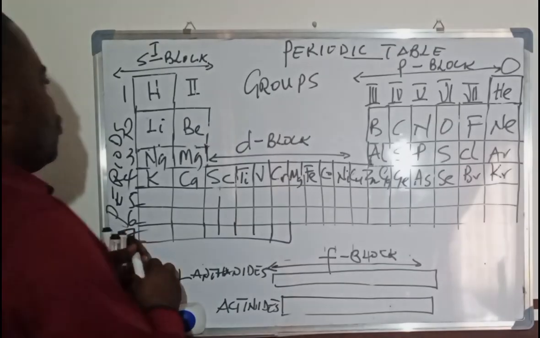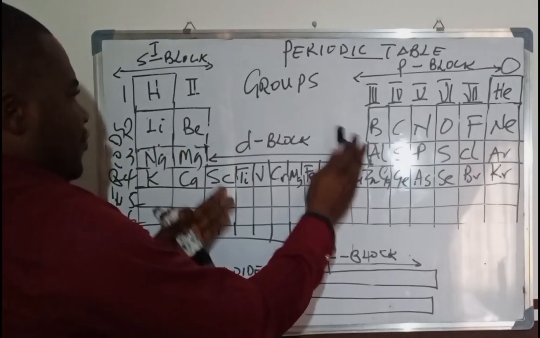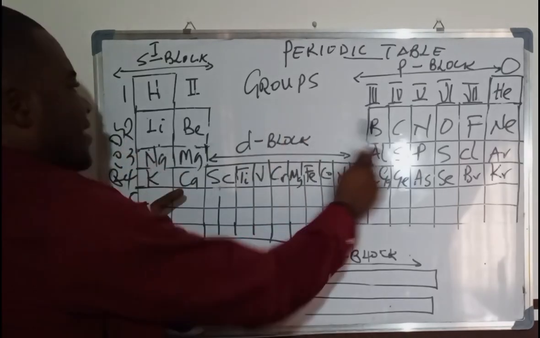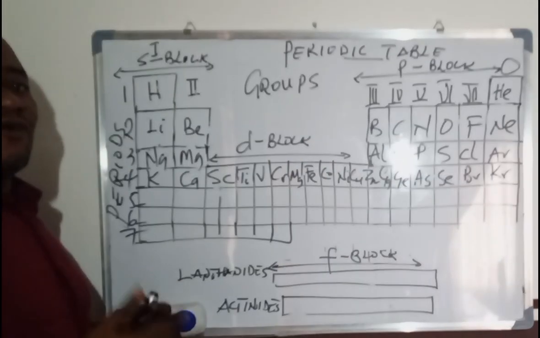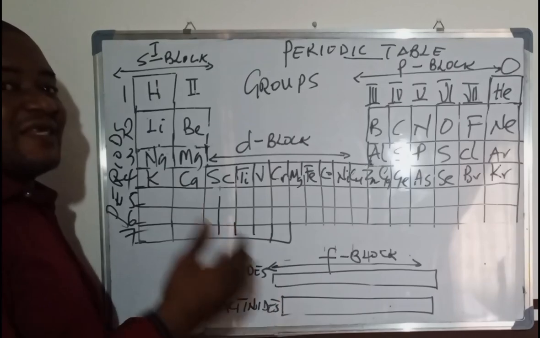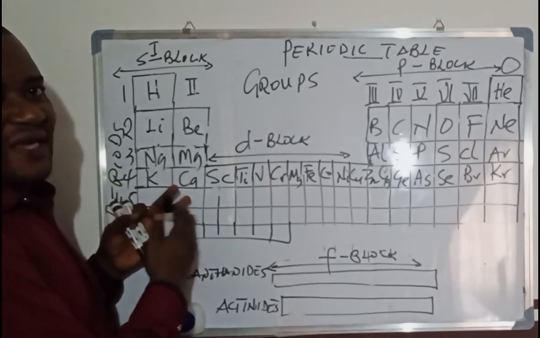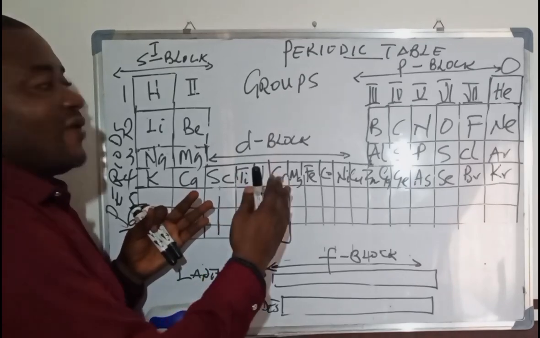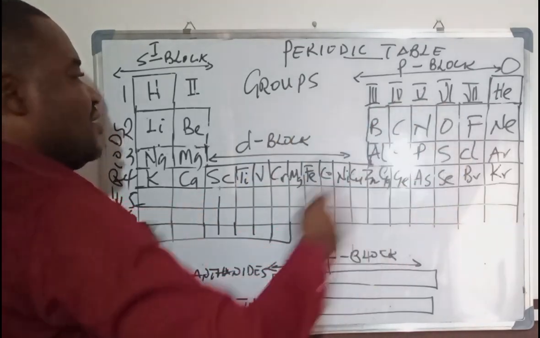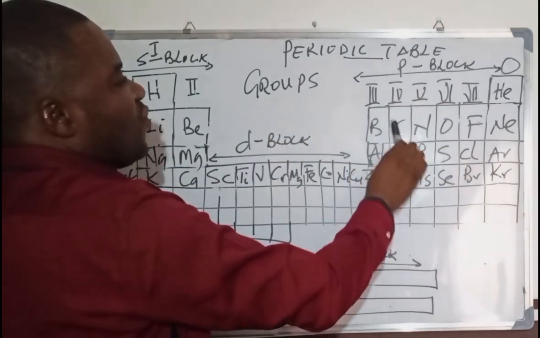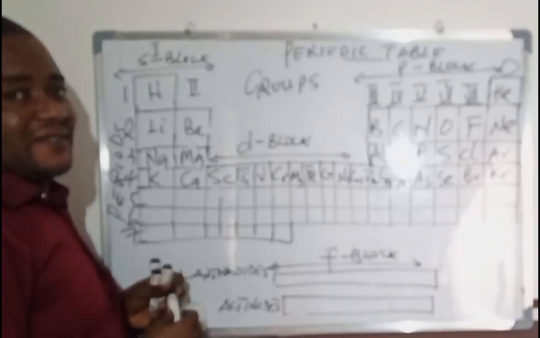Now, if you are moving across the period from left to right, there is a tendency of increasing non-metallic nature. So metals are more to the left, and non-metals and metalloids are more to the right. So if you are moving this way, you have more of non-metals and metalloids.